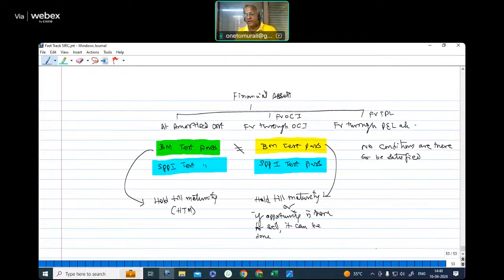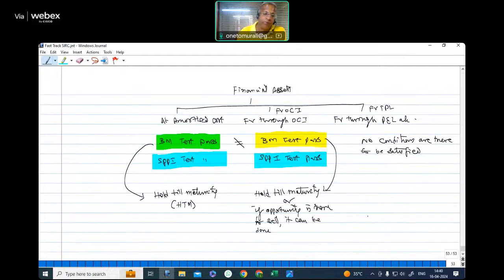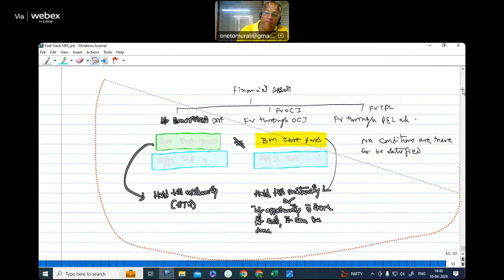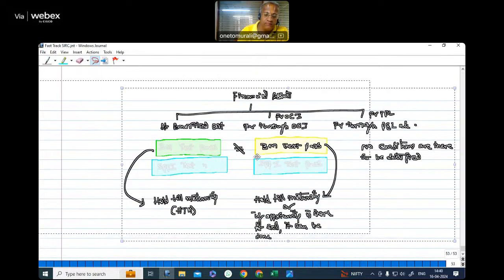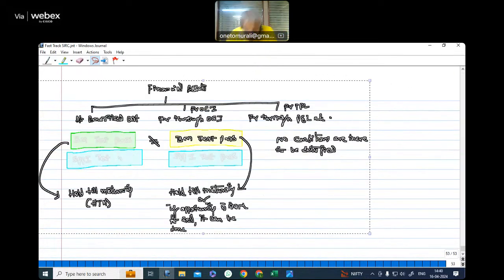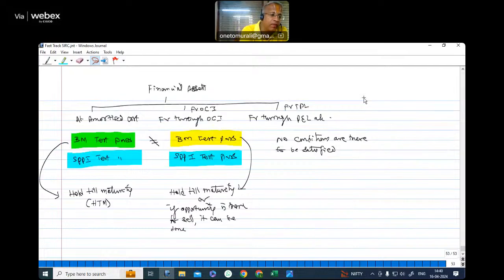What is it you expect for the SPPI test? SPPI test in which cash flow takes care of time value of money.